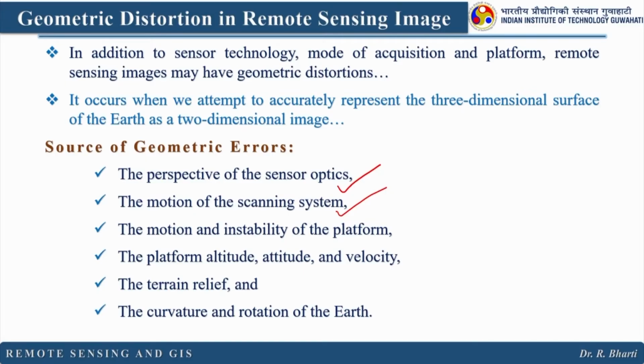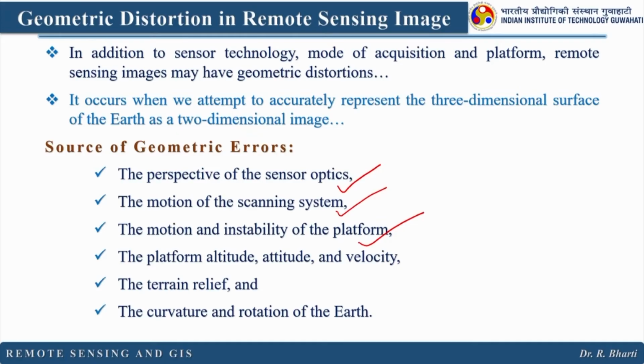If it is changing, then calibration and everything has to change. If only the velocity has changed because of some abnormality in the system, then you will have a problem of geometric distortion. Then next is motion and instability of the platform, whether your platform is properly stable or it is going to change with time or with respect to the ambience.